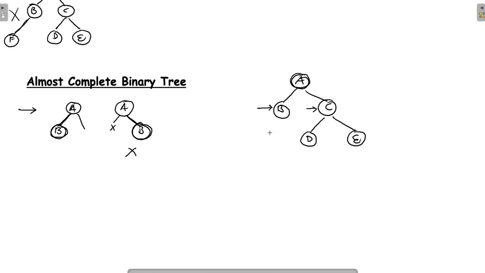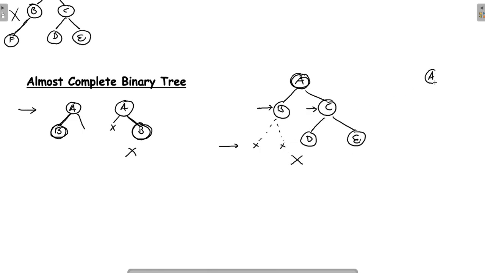Now by level wise, what we were expecting, B should have the left children first and the right children, then you can have the children for B and C, that is D and E. So from the level wise those children are missing, so this is not an almost complete binary tree.